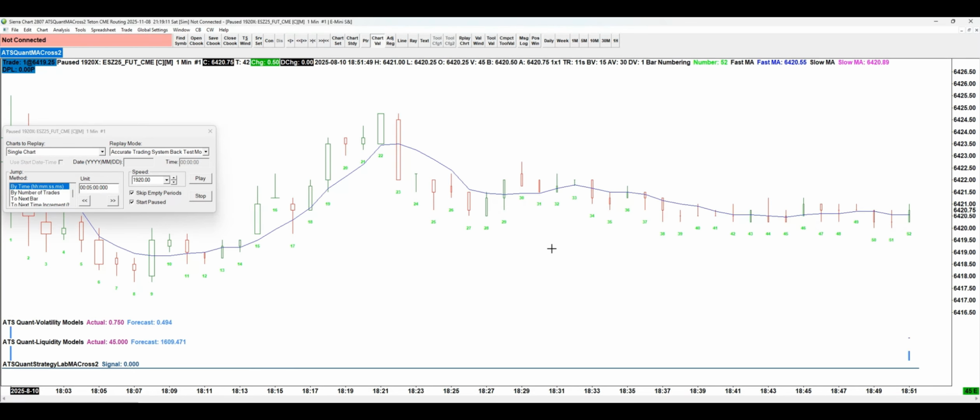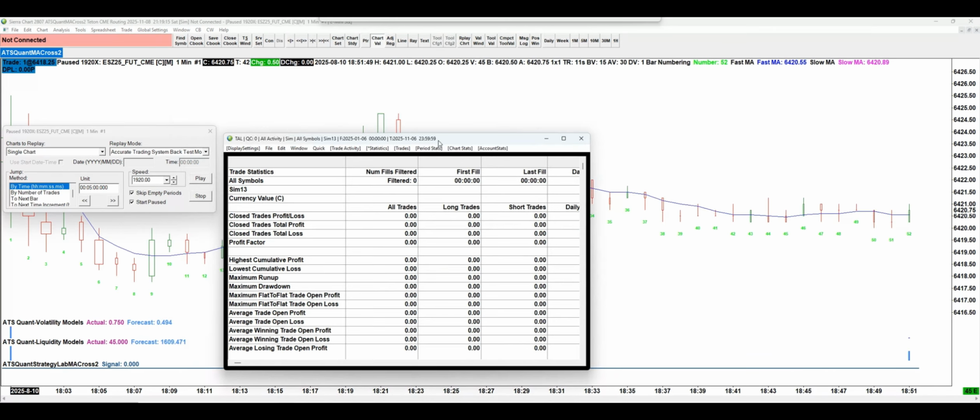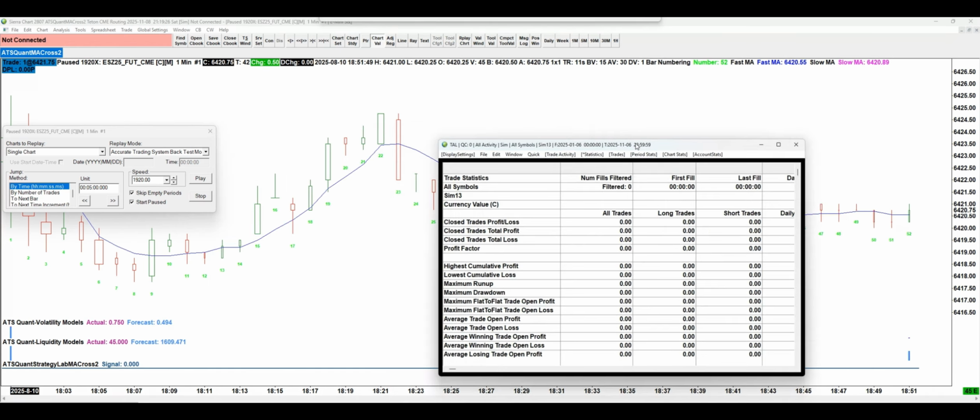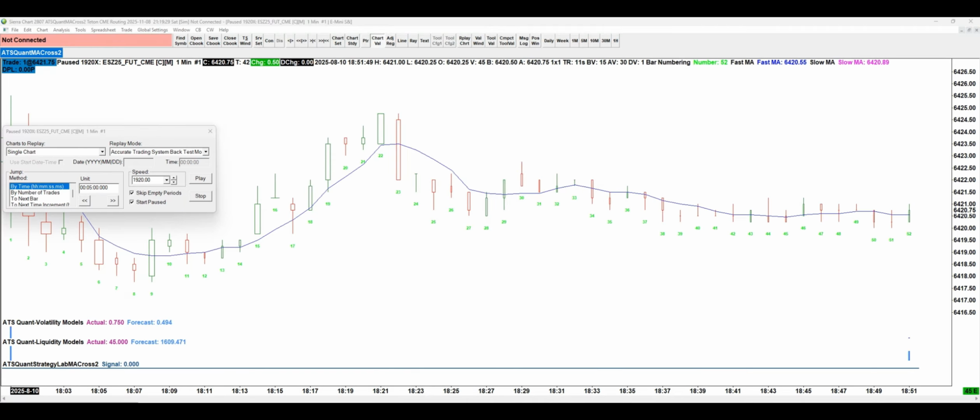Okay, so we have our data loaded, and we have our SIM13 account past values cleared out. So we're ready to start our second iteration of this system's backtest.